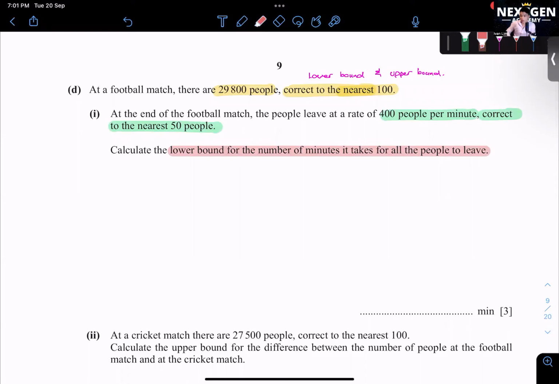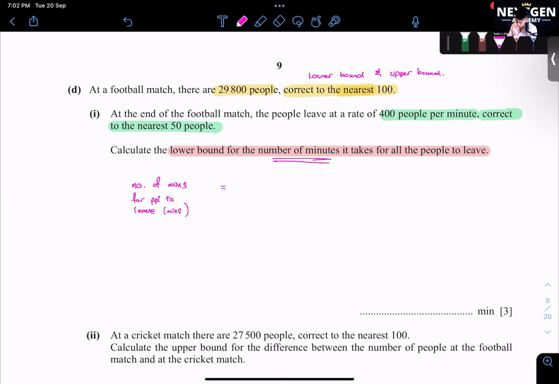Okay, so number one, we need to know what formula we're trying to calculate first. They say people leave at a rate of 400 people per minute. So we want to find the number of minutes. This one is a bit tricky because you have to figure out the units first. So the number of minutes for people to leave, you can write minutes.